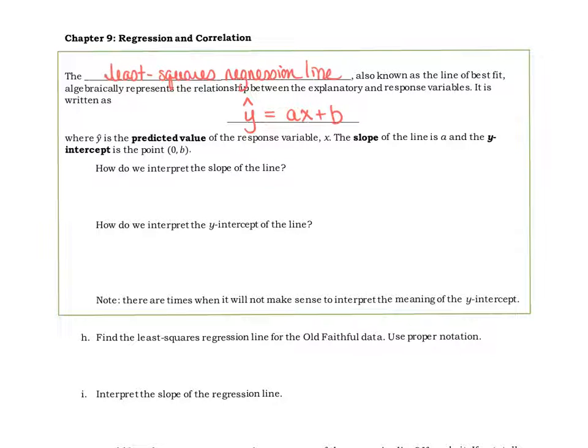So the general interpretation of the slope is as follows. This is how much y changes when x increases by 1 unit.